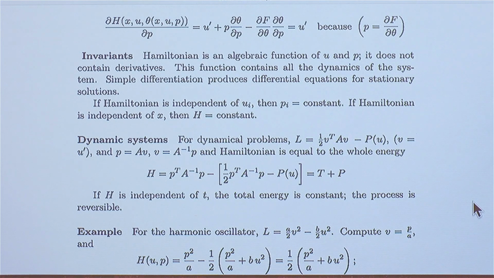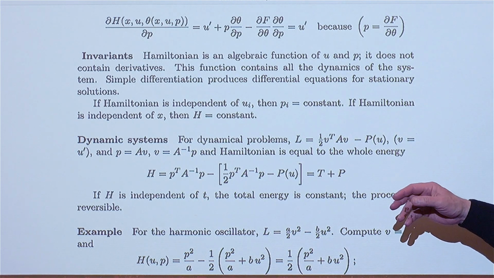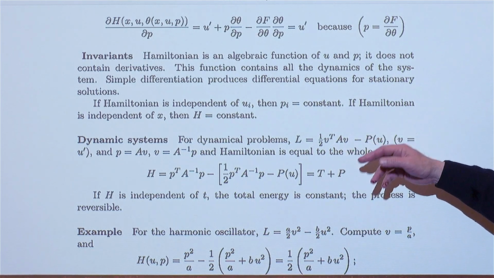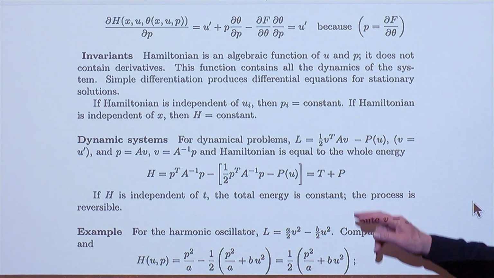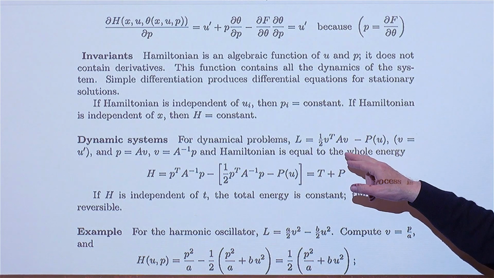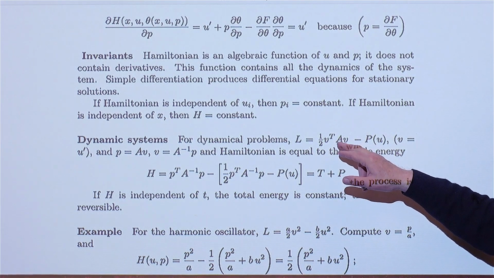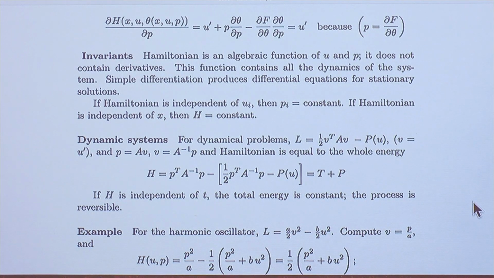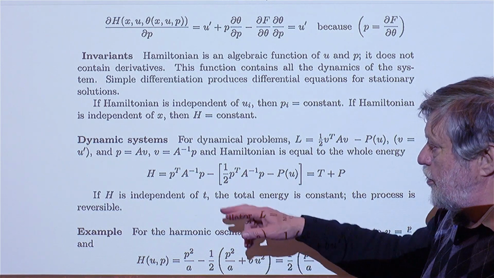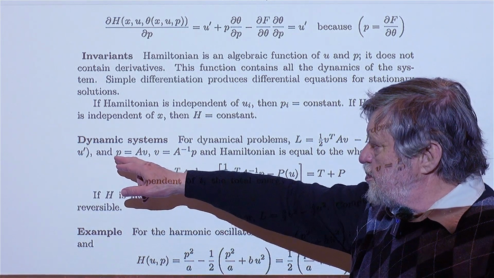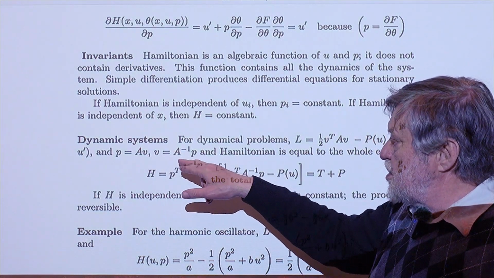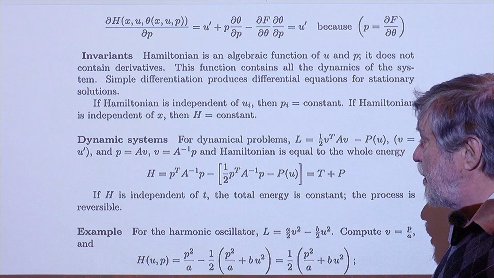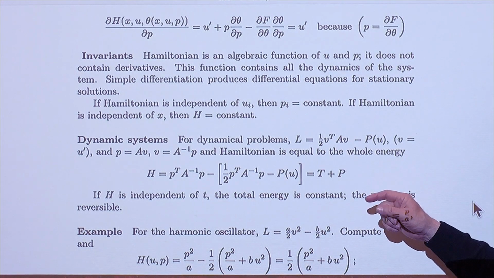So in a dynamical system, if we look at this minimizing functional in this form, kinetic energy minus potential energy, and kinetic energy has the form V, AV, we find that the impulse p is A v. We solve this equation for v, say v is A minus 1 p, and substitute into the expression for the Hamiltonian.